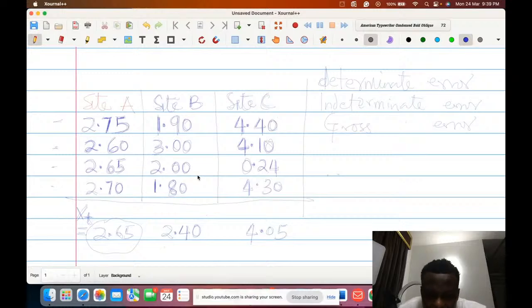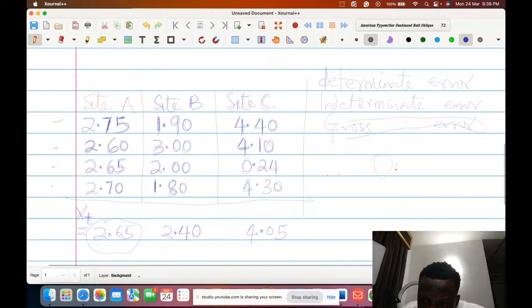Now for site C, class, the type of error found in site C is an outlier. Gross error, what characterizes gross error is an outlier. Outlier simply refers to a data value that lies outside the range.